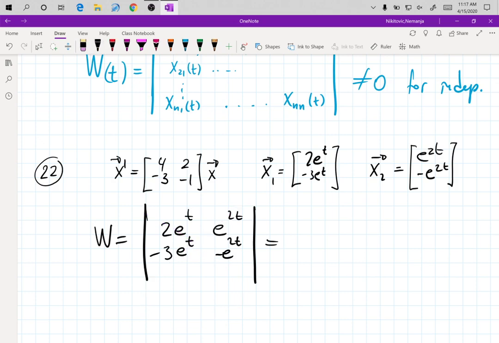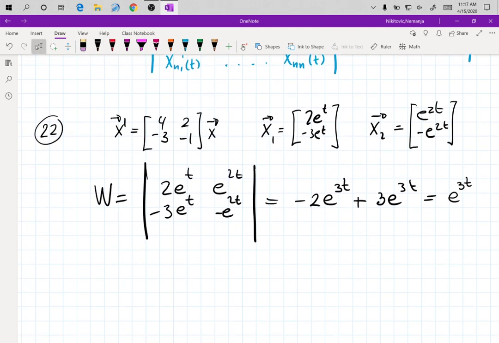So now we just multiply diagonals. That's going to be -2e to the 3t, since t plus 2t is 3t, and then minus and minus will give us a plus 3e to the 3t, and that is going to be e to the 3t, which is different than 0, which means that the solutions are linearly independent. So, yay, solutions are linearly independent.